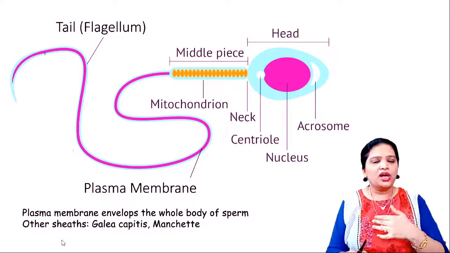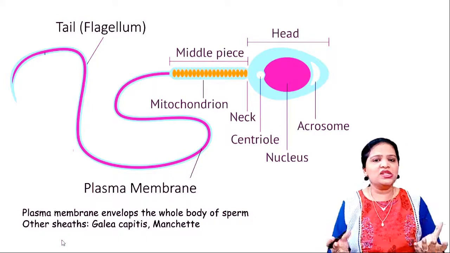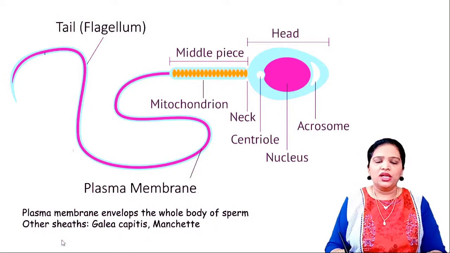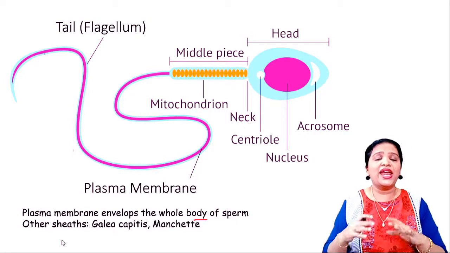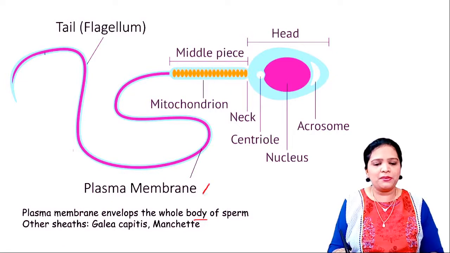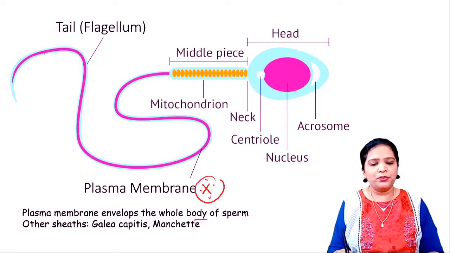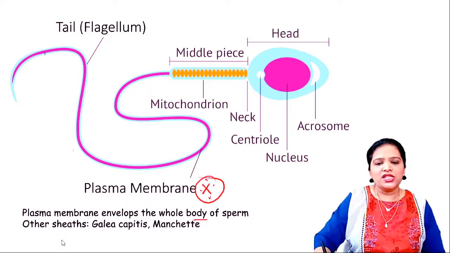Fine. So let us see the coverings of the sperm. So the whole body of the sperm is covered or enveloped by plasma membrane. This is very important. See here, what is plasma membrane?